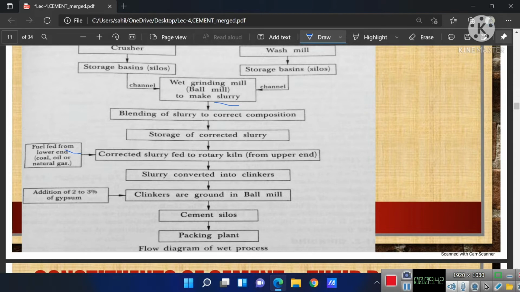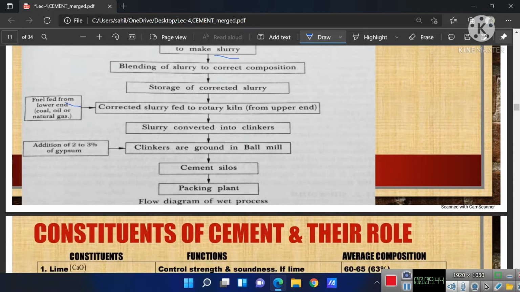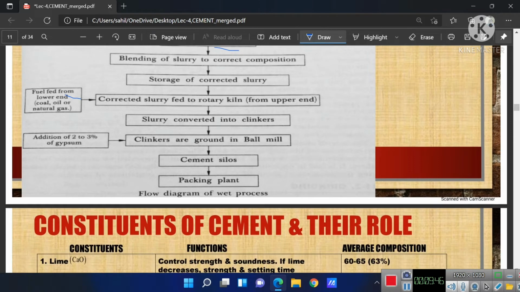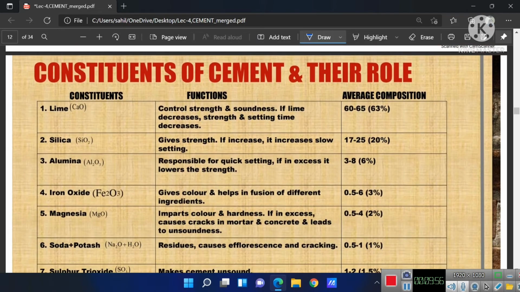Now the slurry is converted into clinkers. Clinkers are ground in ball mills in which 2 to 3% of gypsum is added, then cement silos, then the packaging plant.